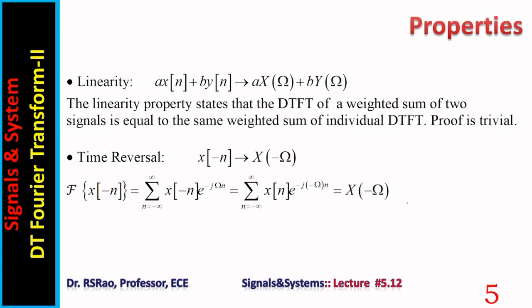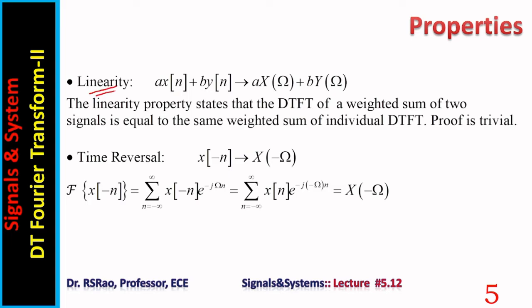The listing is given. Now we go a little bit deeper into each one of these properties to find the validity of these properties. We begin this exploration with the linearity property.